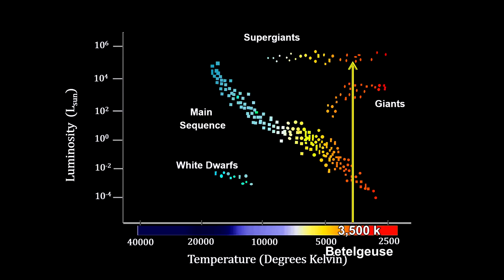Examining the luminosity class, we see that it is very sharp, implying that Betelgeuse is a supergiant. Now, drawing the line to the vertical axis, we see that the star's intrinsic luminosity is 120,000 times greater than our Sun's luminosity.